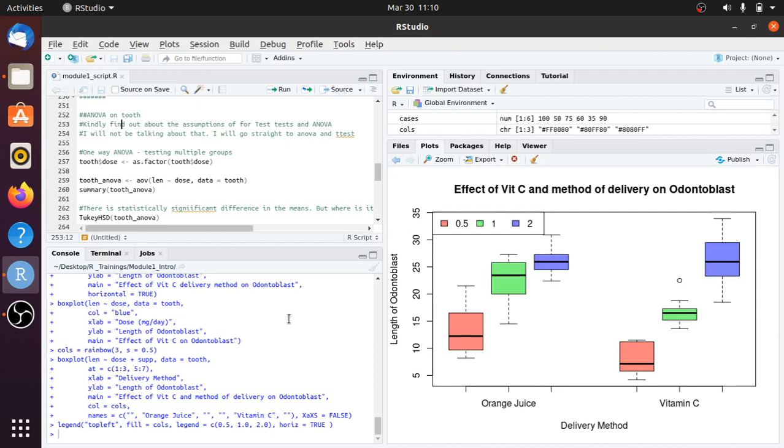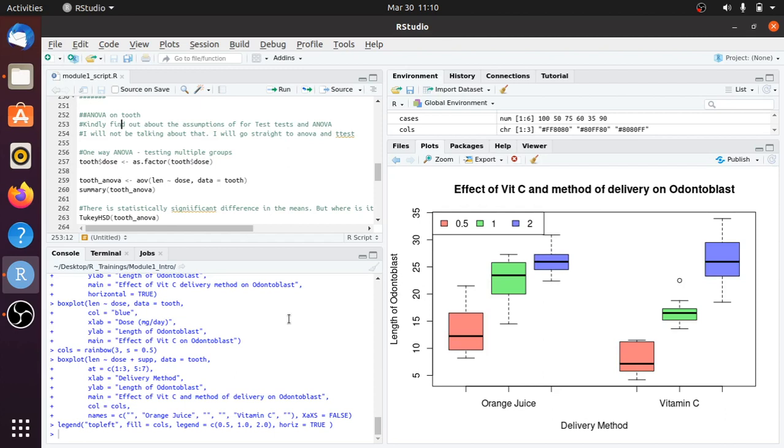Now most of us in the life sciences, when we are performing our experiments, want to test the effect of maybe 3 different doses on a particular animal. We administer maybe 0.5 milligram, 1.5 milligram, 3.5 milligram.